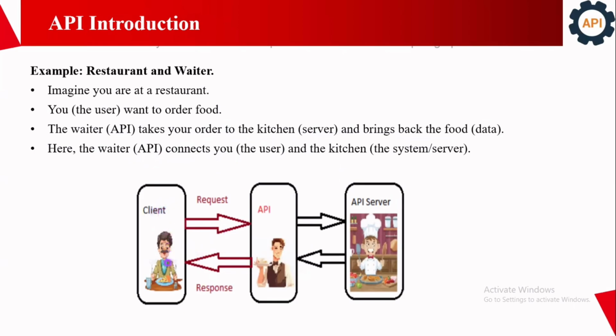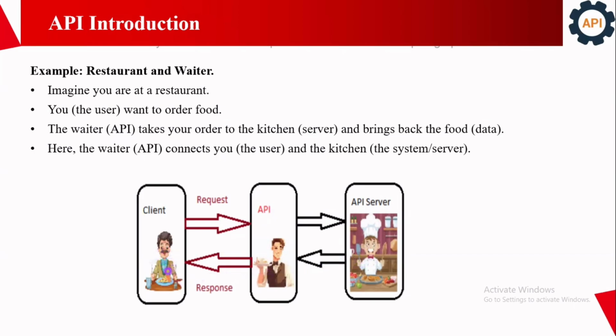Here you are the client, going to the restaurant and requesting some food from the API, the waiter. Here the API waiter is considered an application programming interface. He will take your request, go to the API server, and get that food for you. Then he brings it back to you as the response.